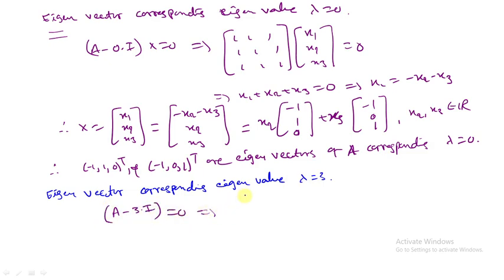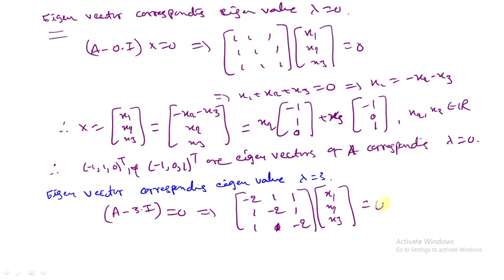That implies we get the matrix with minus 2 on the diagonal and 1 elsewhere, times x1, x2, x3 equal to 0. Now use row operations.